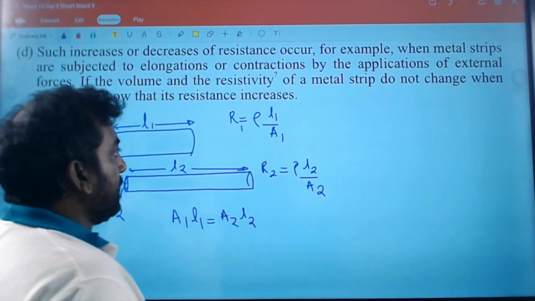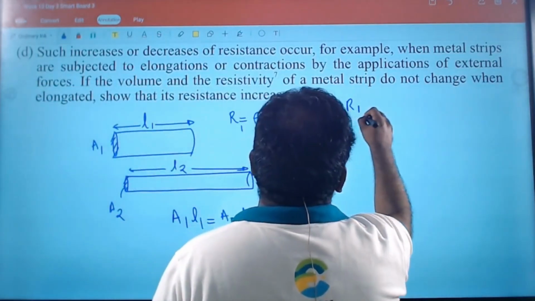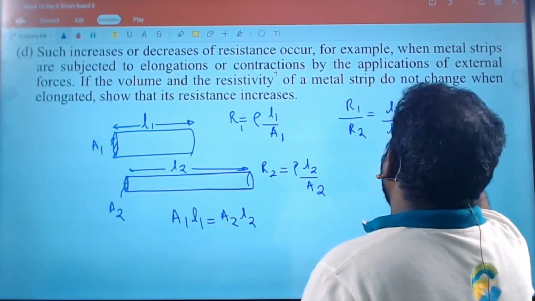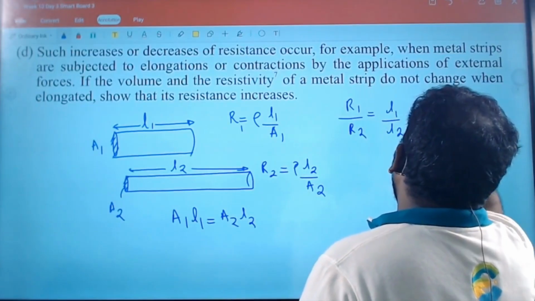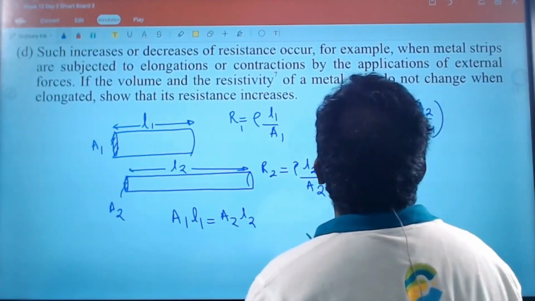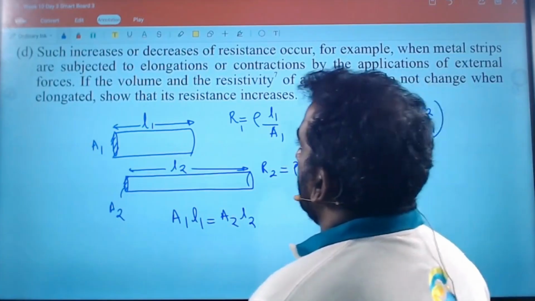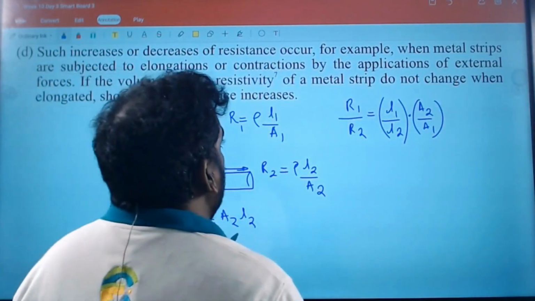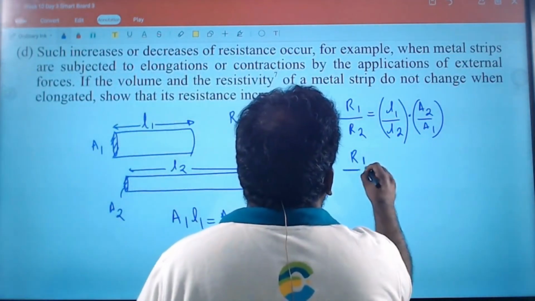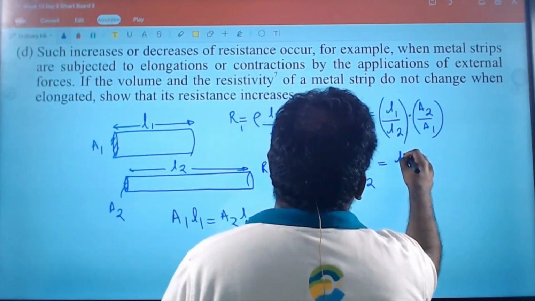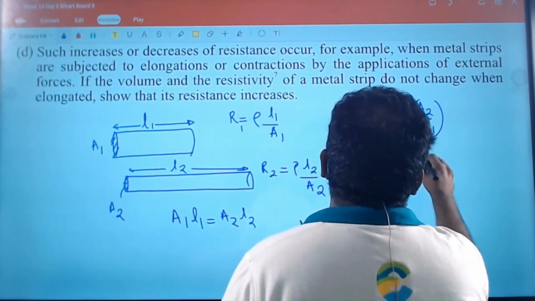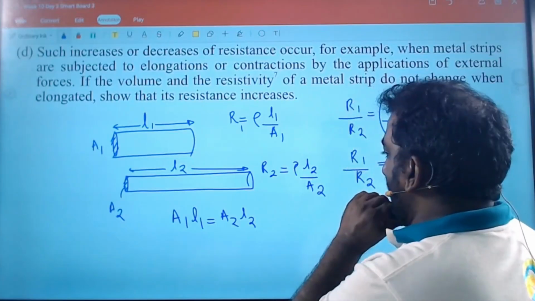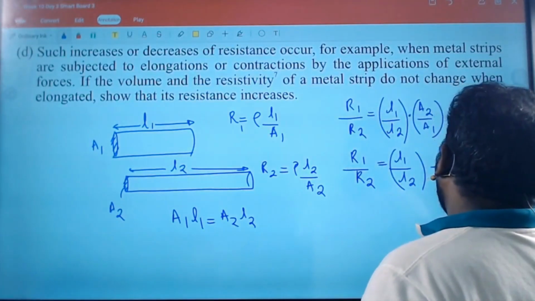So if I divide this equation, R1 divided by R2 is L1 divided by L2 times A2 divided by A1. A2 over A1 is again L1 over L2.